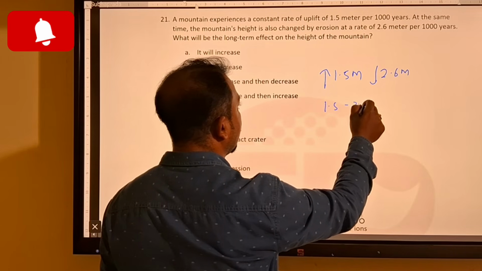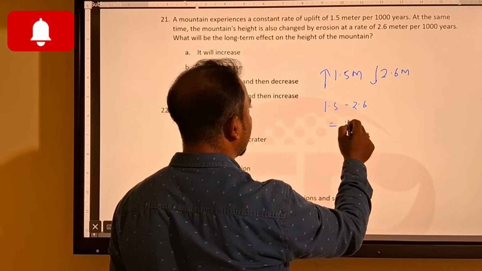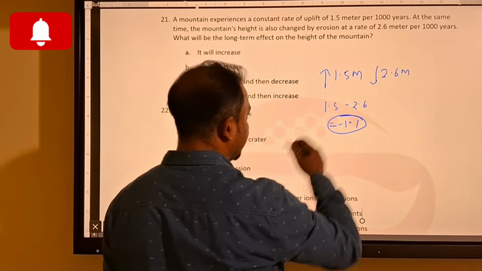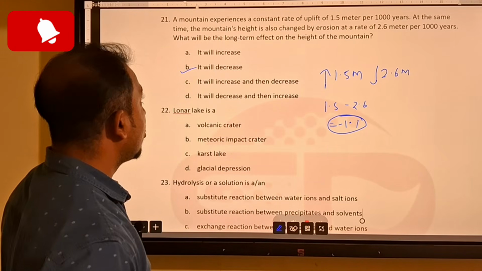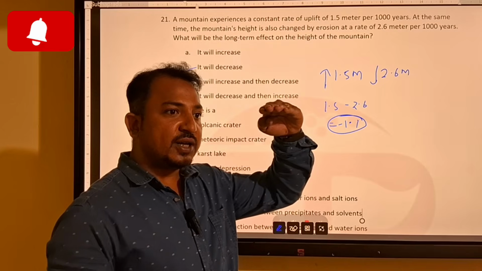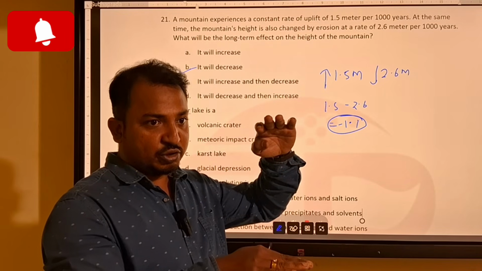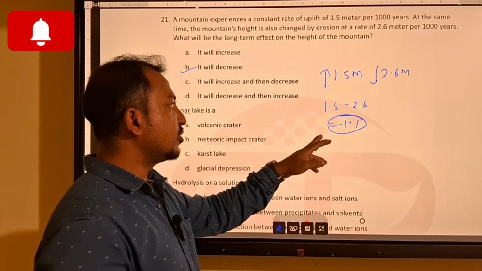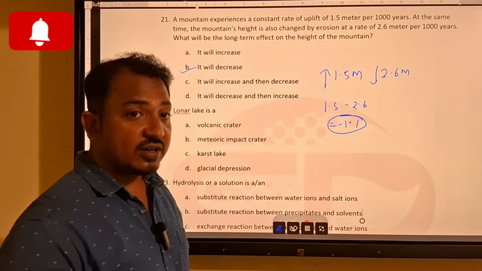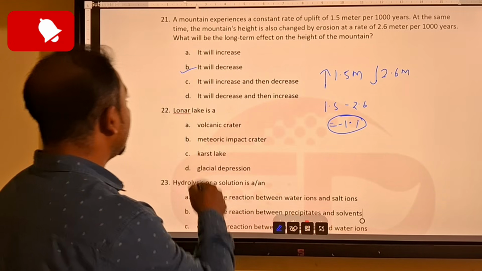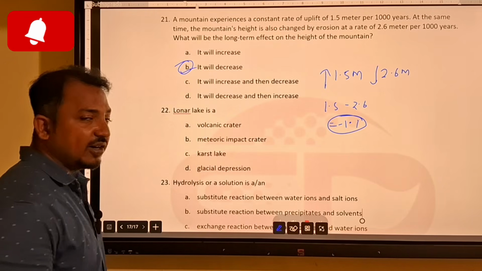So 1.5 minus 2.6 is minus 1.1. That means there is a decrease of the mountain height. So 1.5 is uplifting, 2.6 is eroded. So that means there is a minus 1.1 decrease in height, minus 1.1 per thousand year. So overall the height of the mountain will decrease.